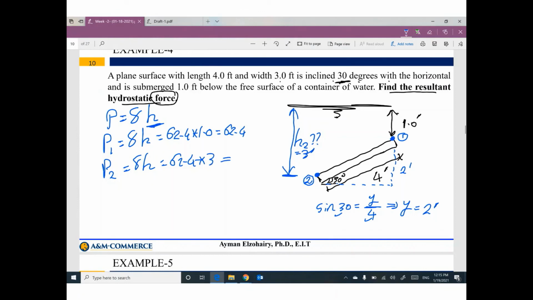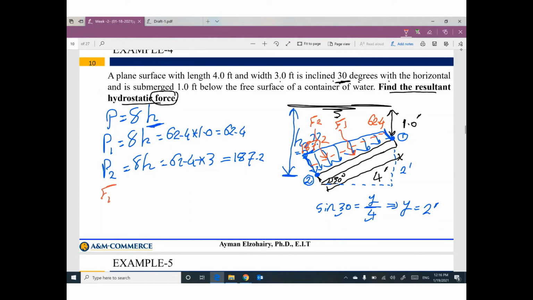62.4 times 3, it will be 187.2. So we have a value here, we have another value here, so we have this trapezoid, 62.4 and 187.2. I can divide this shape to a rectangle with F1 and a triangle with F2.